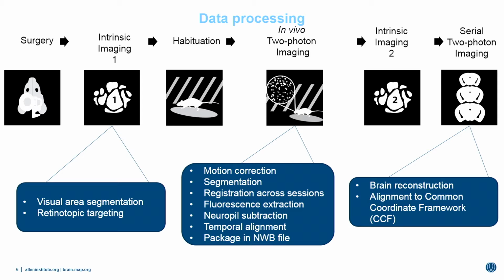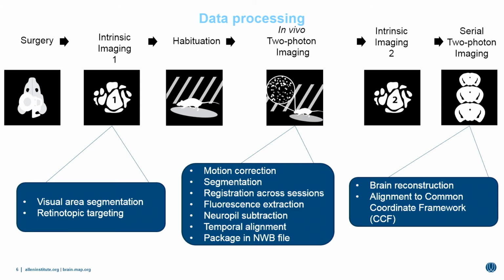Once we collect the calcium data, there's a lot of processing in terms of motion correction, segmentation of the individual cells, registration of these identified cells across the 3 sessions, the fluorescence extraction and neuropil subtraction. This then gets aligned with the temporal information of the stimulus, which allows us to calculate visual response properties. And all of this then gets packaged into the Neurodata Without Borders file format, which allows us to share this data more easily.